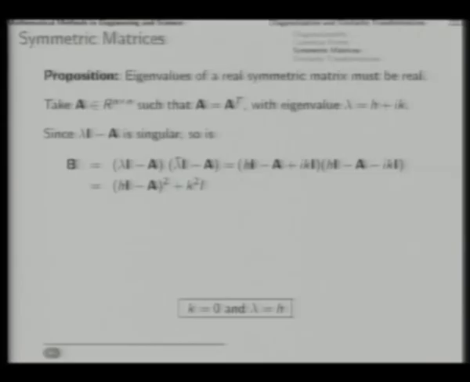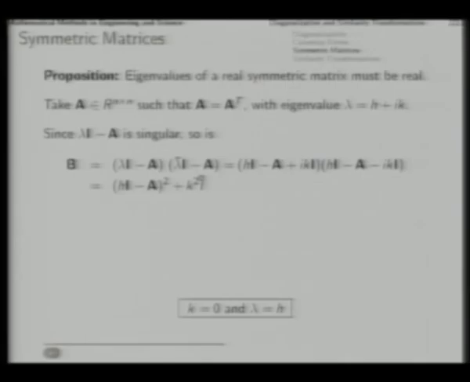So this gives us (hI plus ikI minus A) and here we will have lambda bar I, that means (hI minus ikI minus A). Now you note this: hI minus A into hI minus A, that is (hI minus A) whole square, and ikI and minus ikI will give you minus i square k square I. i square is minus 1, so that minus i square is 1, so you get only this.